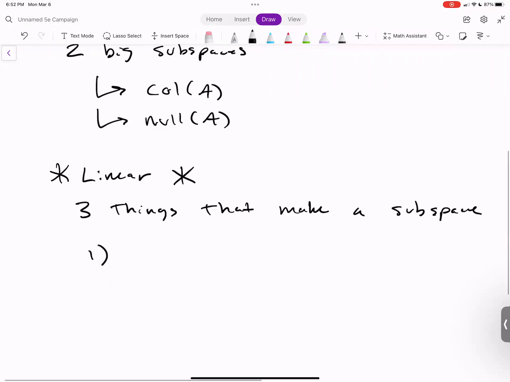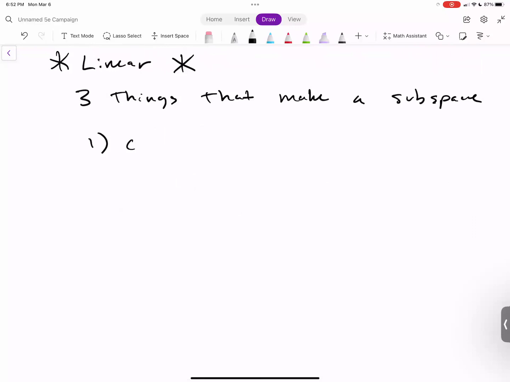Number one, it contains the zero vector. I'm just going to say it contains zero, and in parentheses, 0 equals 0. If you plug 0 into the condition and it is true, then it passes that qualification.